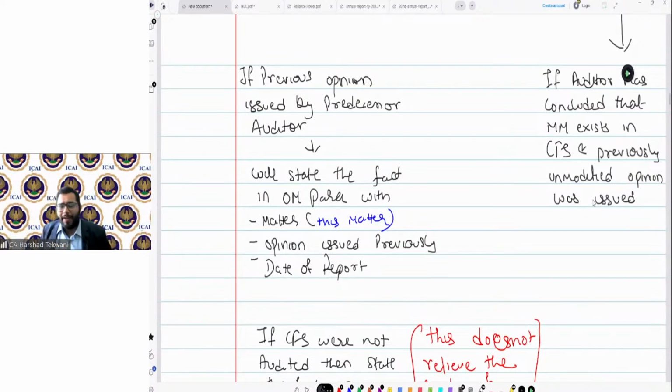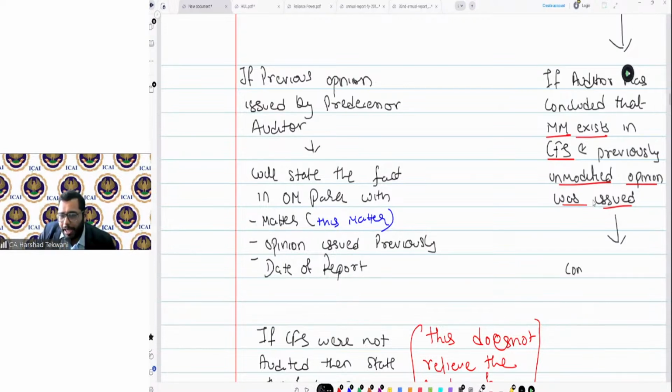So I have identified that there is a material misstatement in my comparative financial statements, but there was an unmodified opinion issued by the previous auditor, or by predecessor auditor, or by any auditor. In that case, what am I required to do?